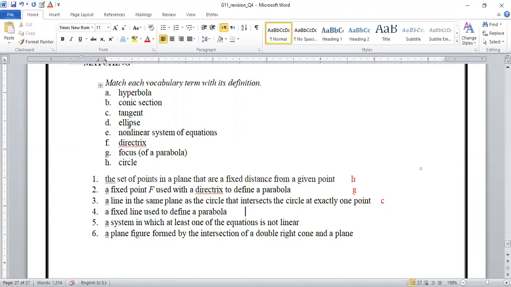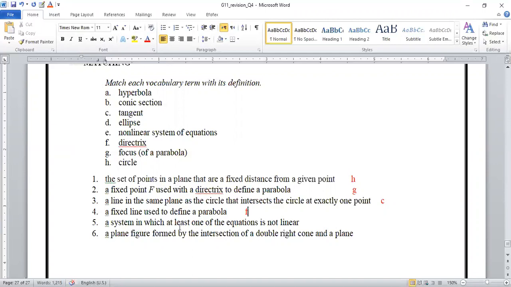Number 4. A fixed line used to define a parabola is a directrix, F. Number 5.